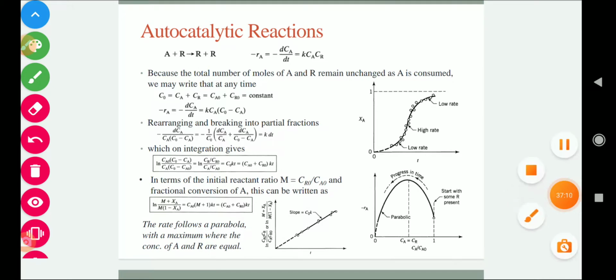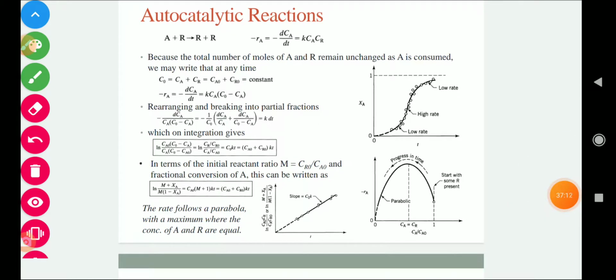The autocatalytic reaction. This is an autocatalytic reaction in which A plus R gives R plus R. Here A is the reactant and R is the product.